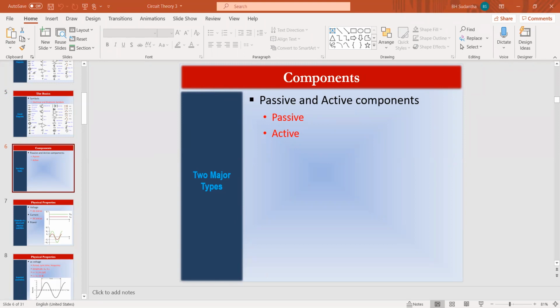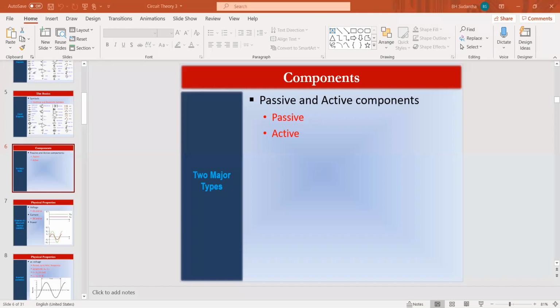Here the components are there, and we have circuit symbols to draw them. Then we can divide these components into two categories: one is active and the other is passive.